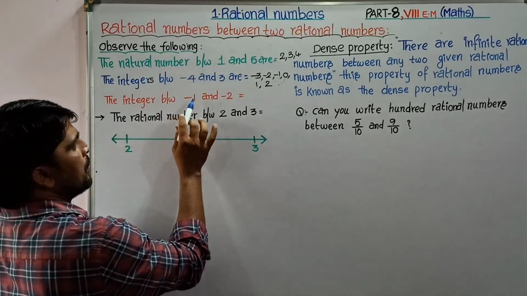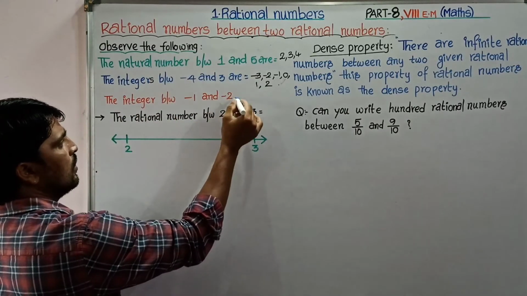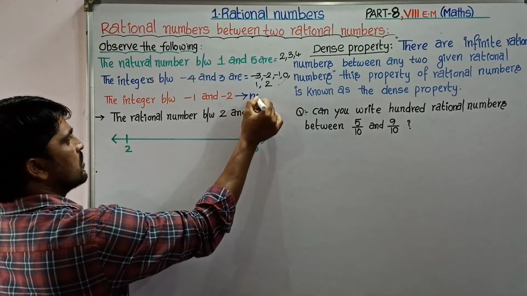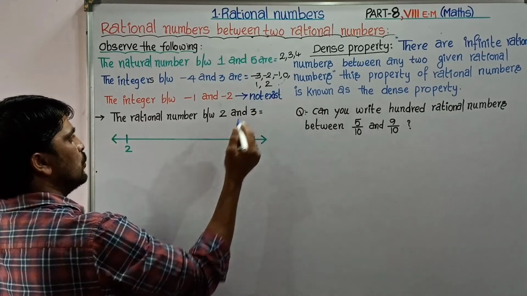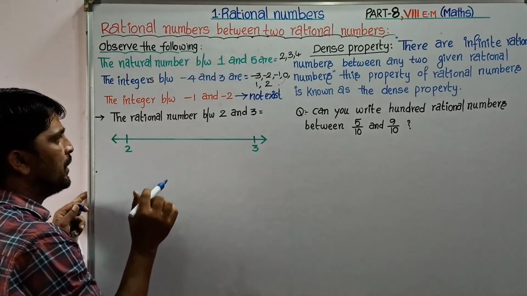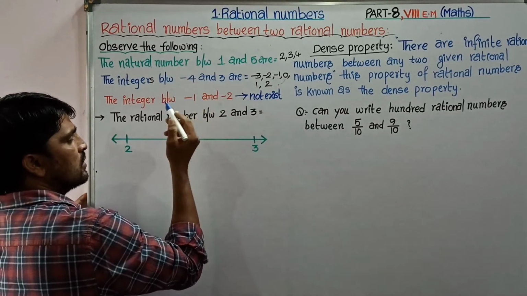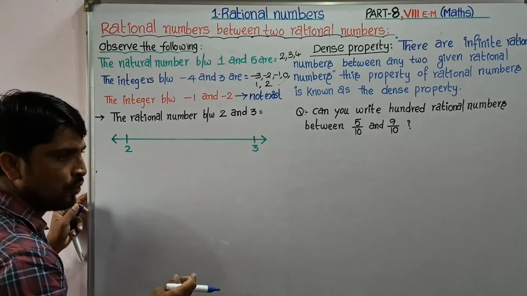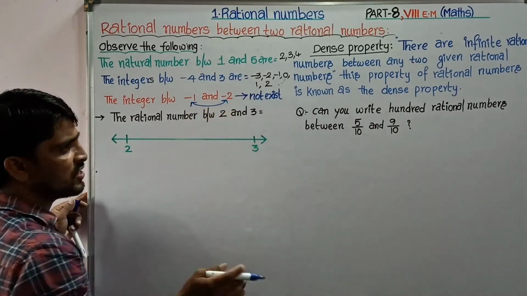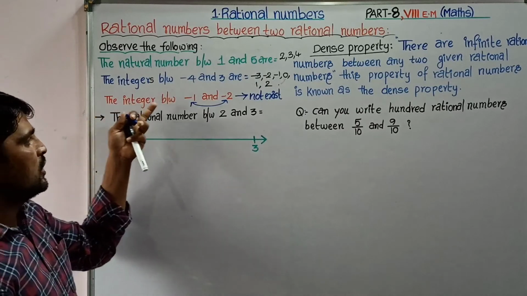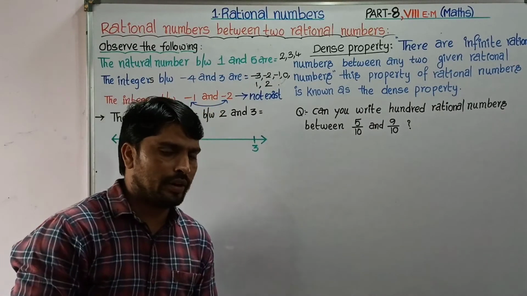The integer between minus 1 and minus 2 does not exist, as we know that between two consecutive integers there is no integer.